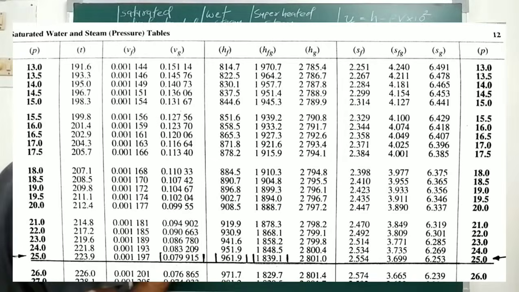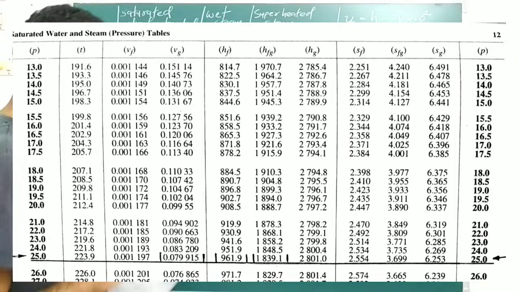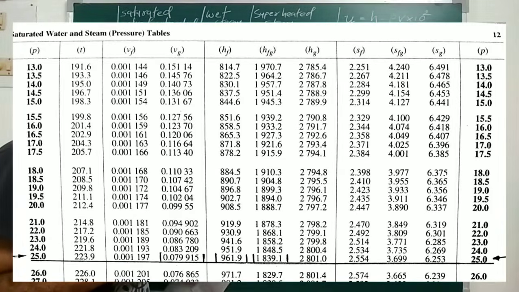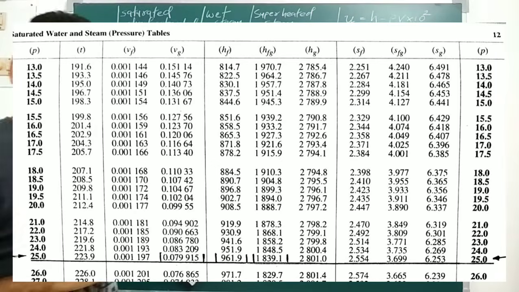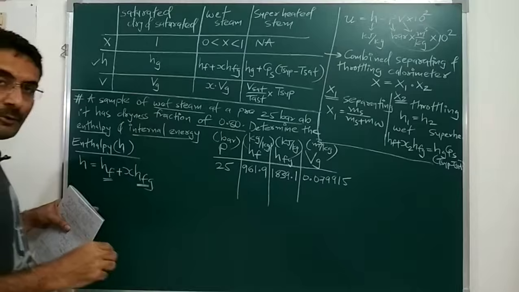You can write along with me from the steam table on your screen. The value of HFG is 1839.1 and the value of Vg is 0.079915. I hope you have seen each and every value from the steam table, so I am going to remove it. Okay, now come back to the board.